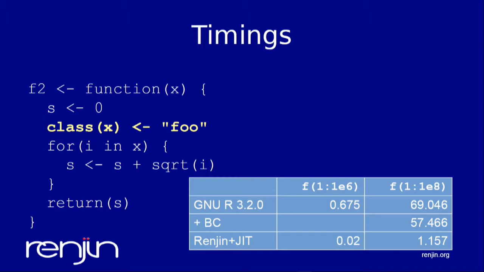And the GNU interpreter and the bytecode compiler will do that every iteration for thousands or tens of millions of times. Whereas with just-in-time compilation, at the beginning of the loop, we can do that lookup once and see that there is no plus.foo defined, and we can just pump out the super simple code.